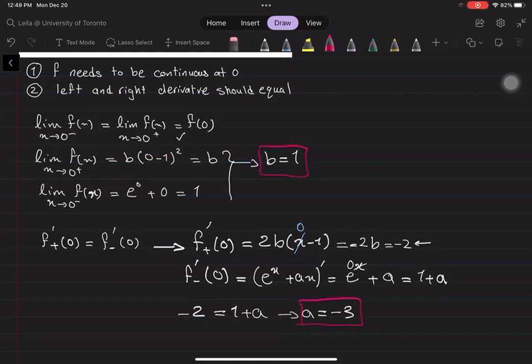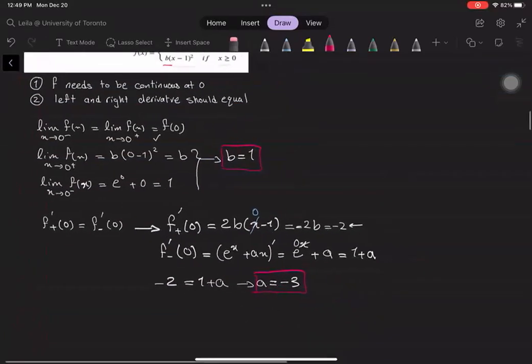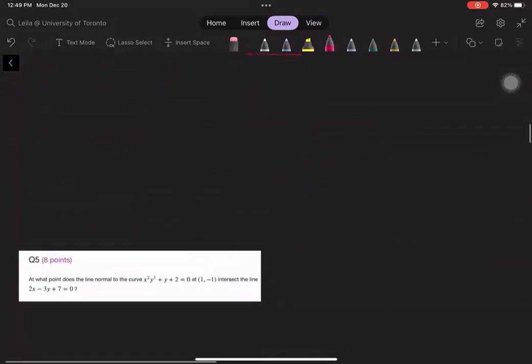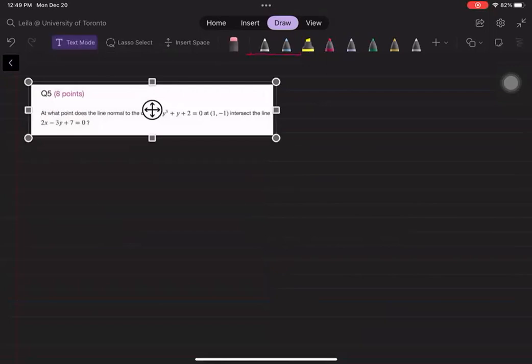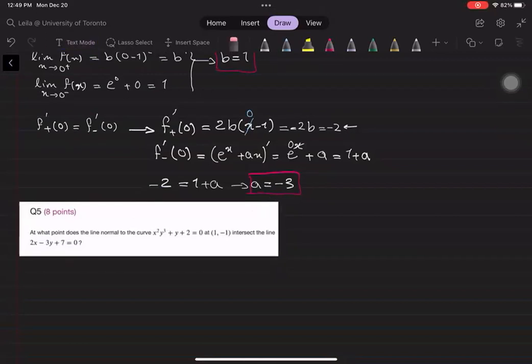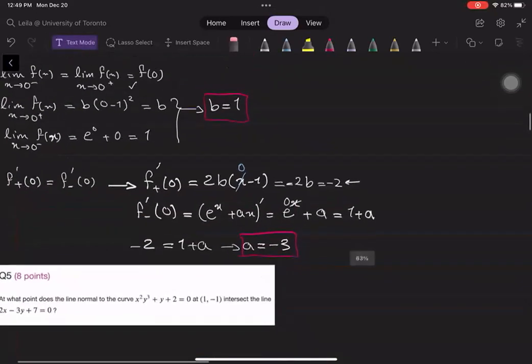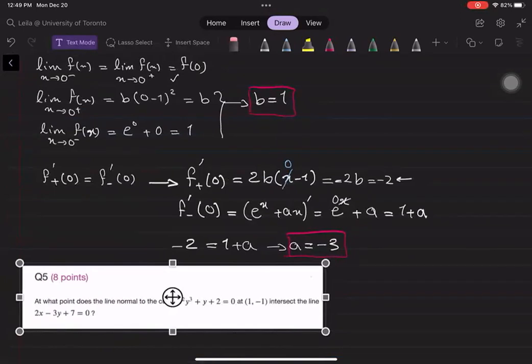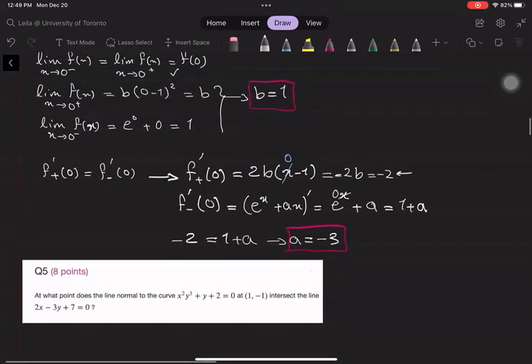Does anyone have questions about this one? Can I see the question of question 4?